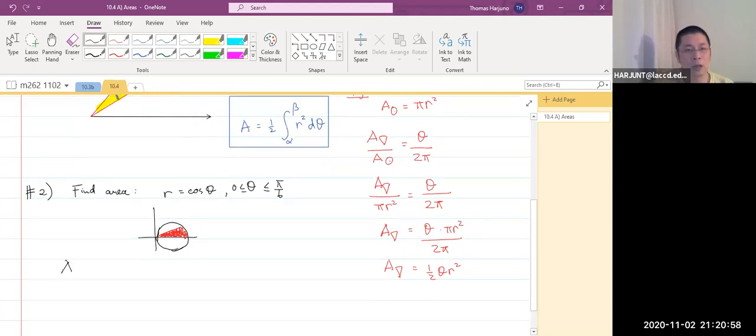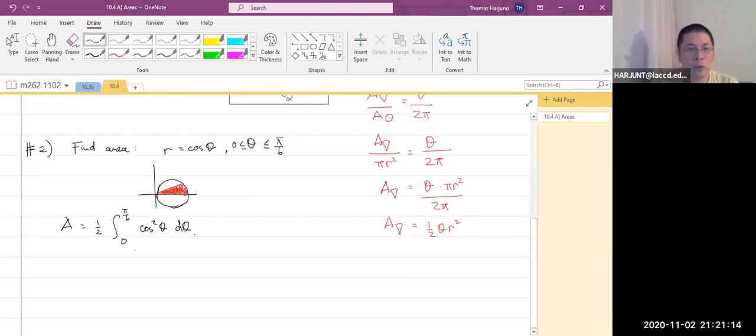Then the area equals 1/2 integral from 0 to pi over 6 of cosine squared theta d theta. This is equal to 1/2 times 1/2 integral from 0 to pi over 6 of 1 plus cosine 2 theta d theta.